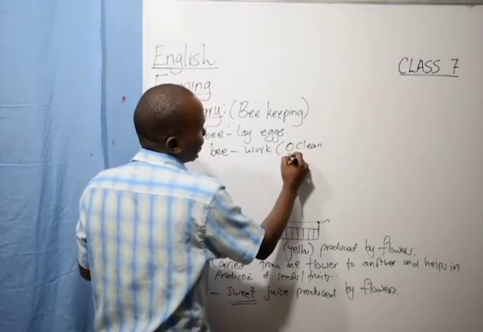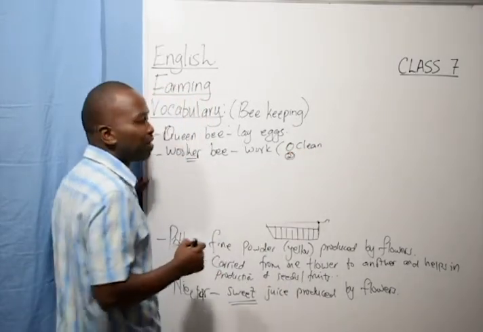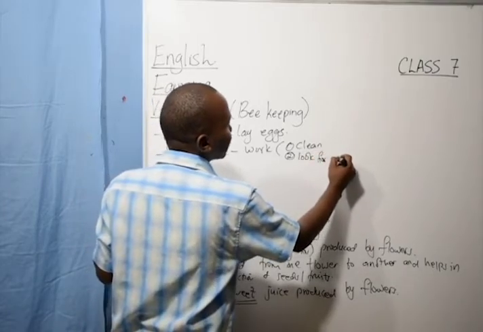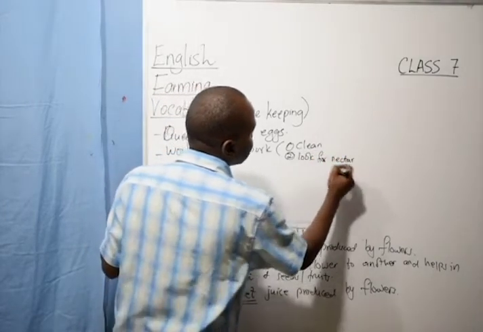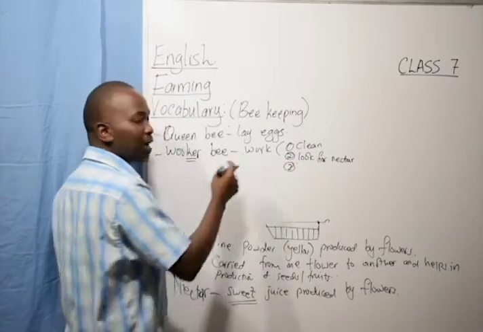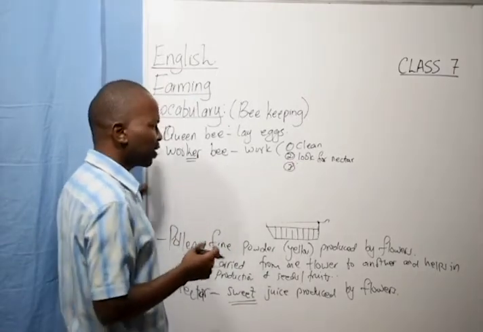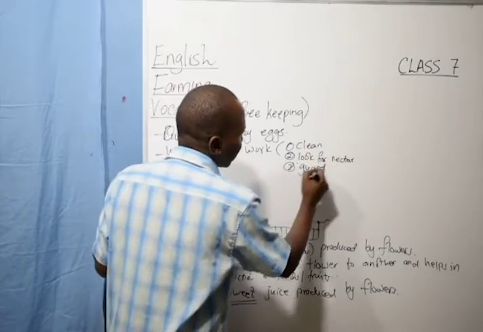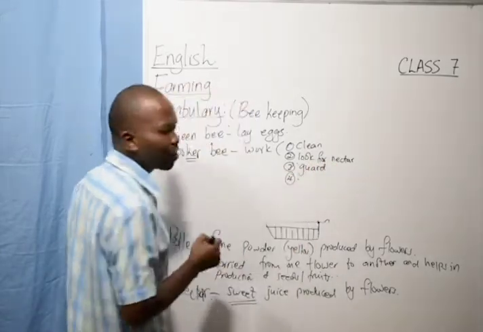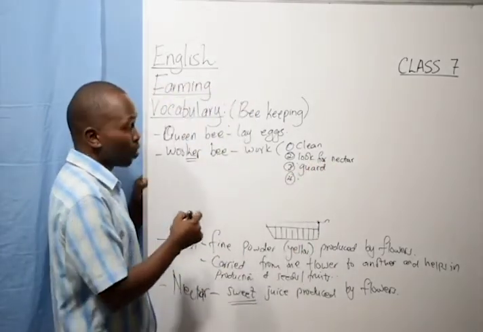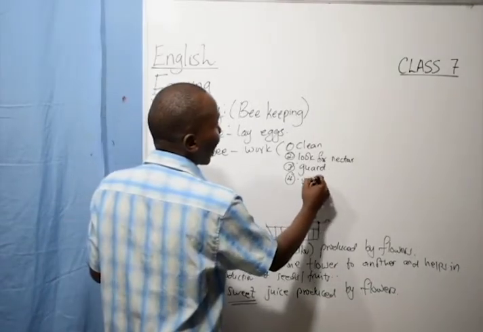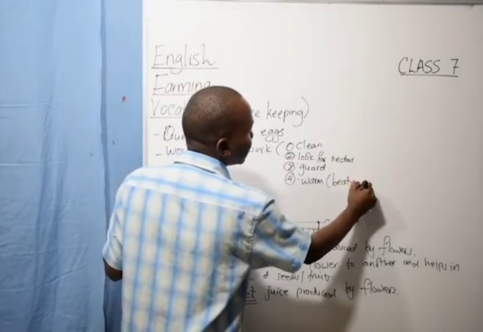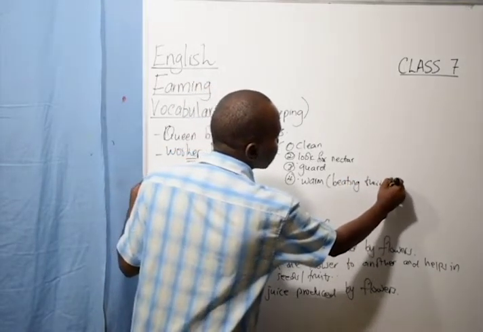Two, look for nectar to make the honey. Three, they also guard the hive from enemies. And also, they warm the hive when it is cold by beating their wings.